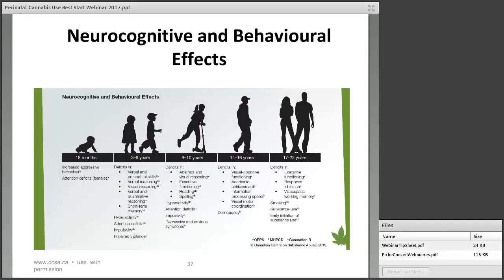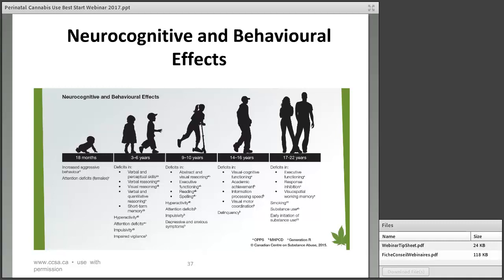So what were the outcomes? This picture is reproduced with permission from the Canadian Centre on Substance Abuse. So I'm allowed to show this, but it cannot be distributed. Interestingly, there's a couple of important factors to look at in this diagram. First of all, there are consistent areas of concern documented by both the OPPS and the MHPCD study.